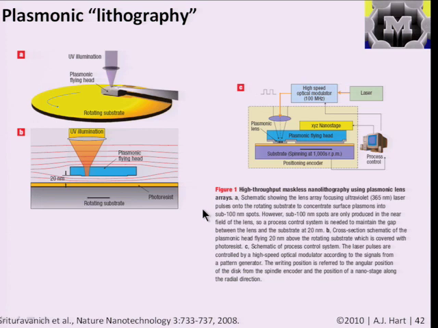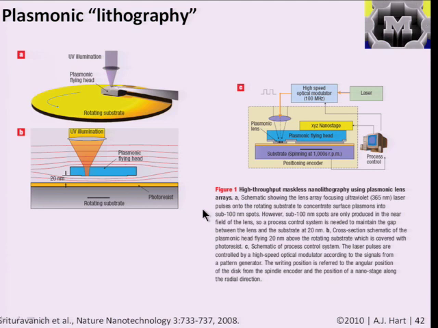And so what this paper did is they took ultraviolet light and created what they're calling here a flying head, but basically it's a hard drive mechanism with a rotating substrate with a small piece of material that has metallic rings and therefore focuses the plasmons to expose a photosensitive material and create a pattern.